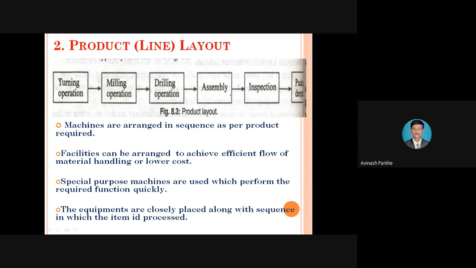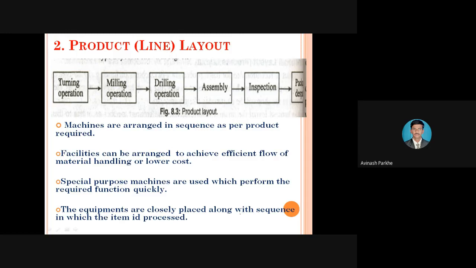Therefore, I have given the example of assembly of two-wheelers or four-wheelers. Similar types of two-wheelers I have to assemble, or similar types of four-wheeler vehicles I have to manufacture. At that time the sequence of machines is located and the sequence of operations is finalized.